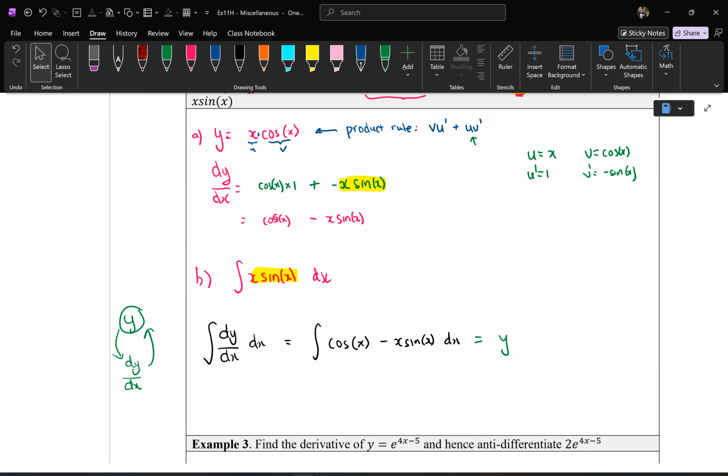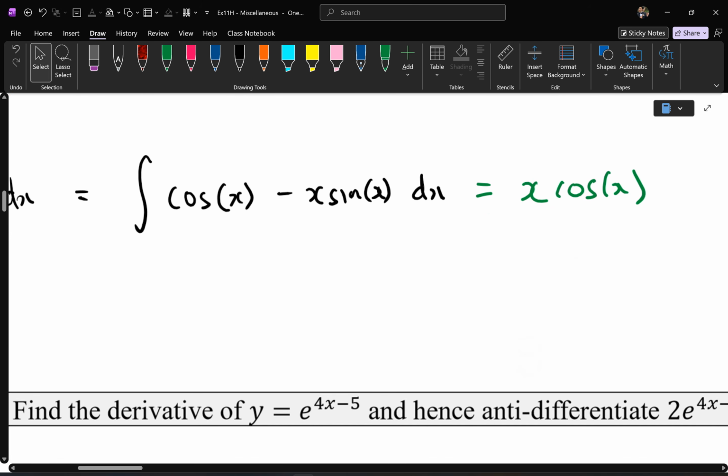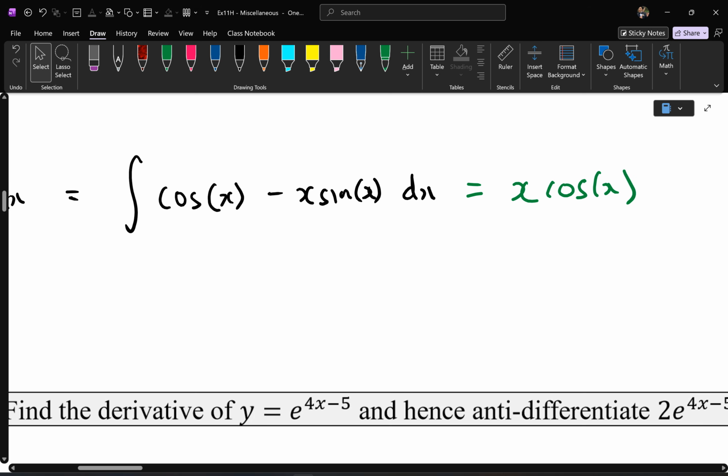So here I can actually rewrite the whole thing and say this is actually equal to x times cos of x. And that gives you a way to work with the equation where you can rearrange it to get what you want. So here we go, let's rearrange it. Remember integration properties, you can separate these two.